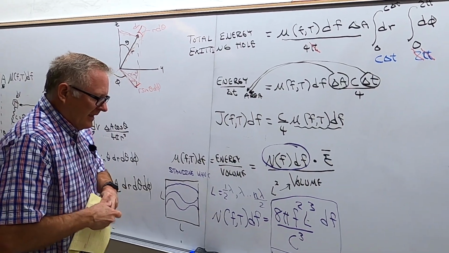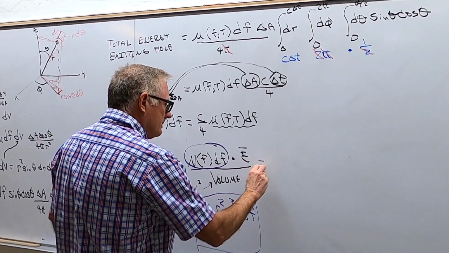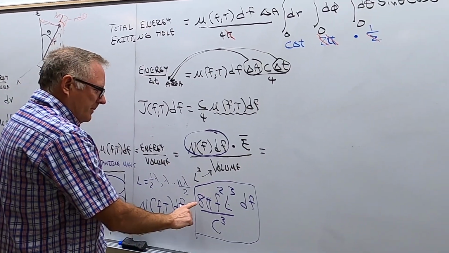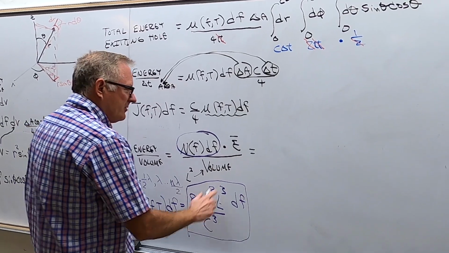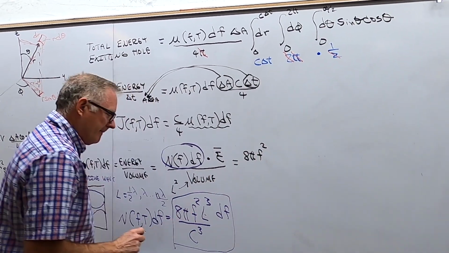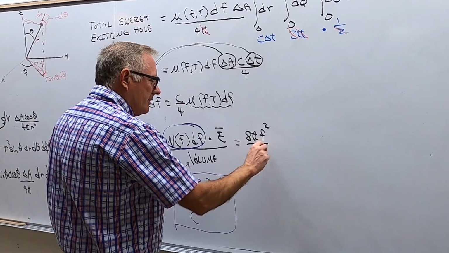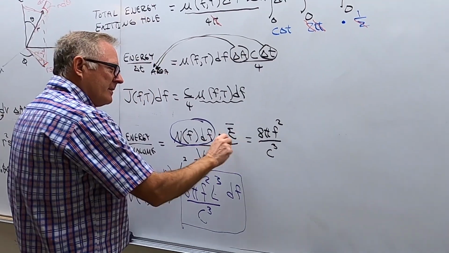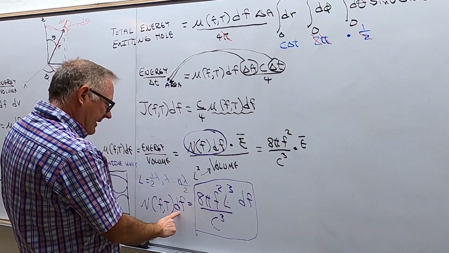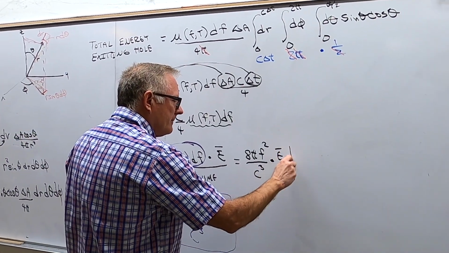Since those L's cancel, this just becomes 8 pi f squared, the L cubes drop out, all over C cubed times the average energy, times the df.